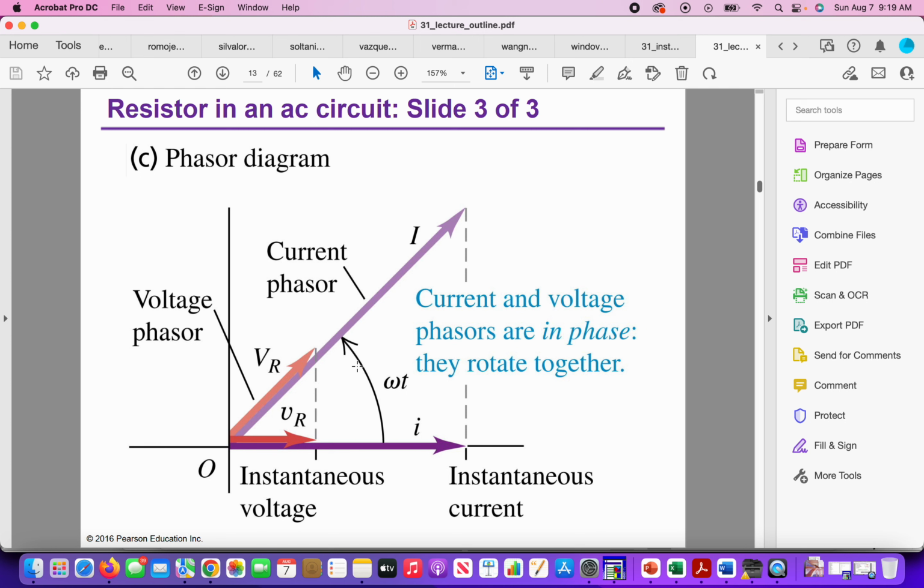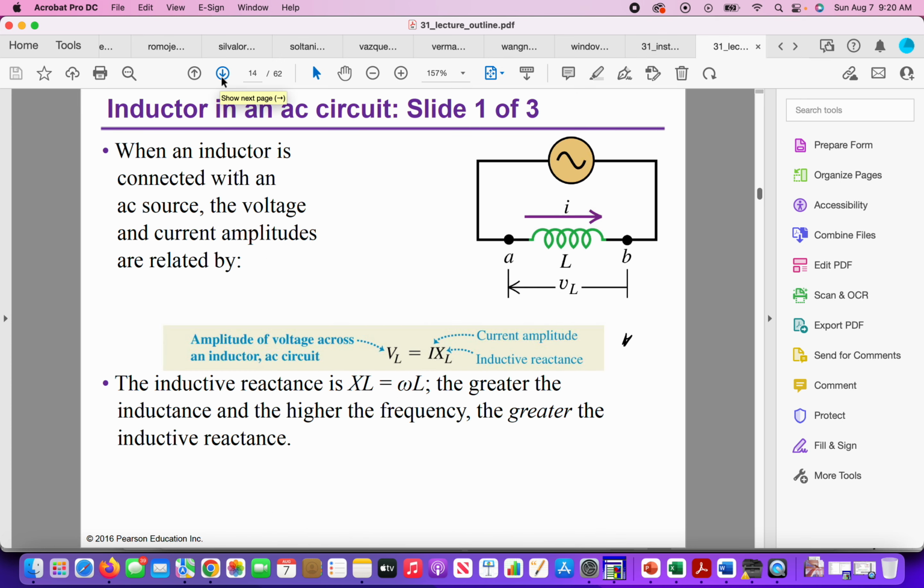They are in phase, they rotate together. When this one moves here, this one moves the same amount. This is the instantaneous voltage at any time, and this is the instantaneous current, which is the projection along the x-axis. And this is omega t, which is the argument of the cosine. This is for the resistor.